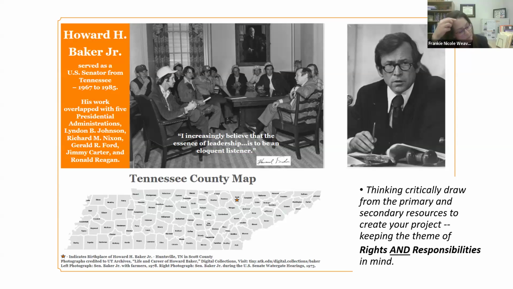And we have a famous picture of him during the Watergate hearings where he asked his famous question, what did the president know and when did he know it? So again, this is a way of saying, what are you going to do? How are you going to present it? Just like National History Day does so well. And all of these different things could tie back to the theme of rights and responsibilities.